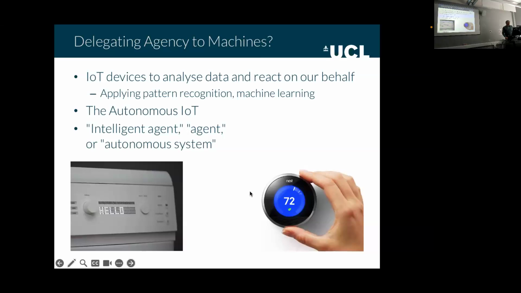The smart thermostat, I think, is an interesting example because it combines explicit user input, people adjust it, with sensor data, temperature, and in some cases also presence sensors, to then actuate the heating or air conditioning and turn the temperature higher or lower or completely turn off the system.